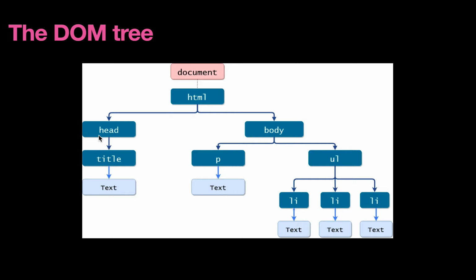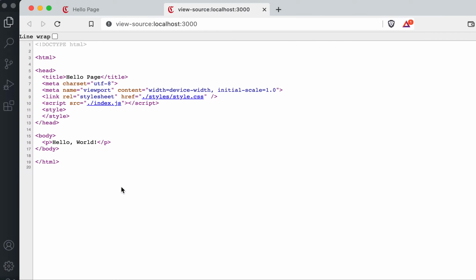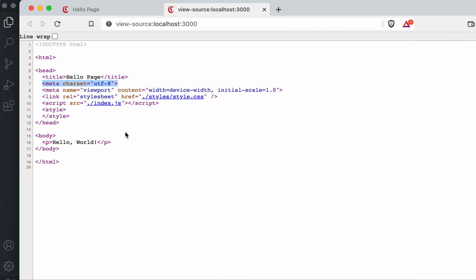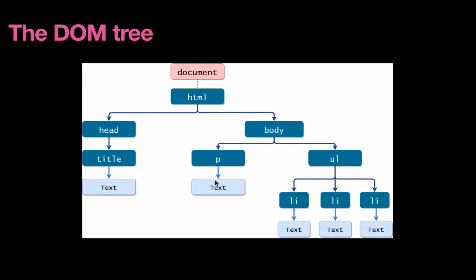Again HTML is having a head part and a body part, right? Again the head part has a title and other things. You can see that it has title, it has meta, so head can have multiple children, title, meta, all those things, right? Similarly, body has a p tag, or a list.